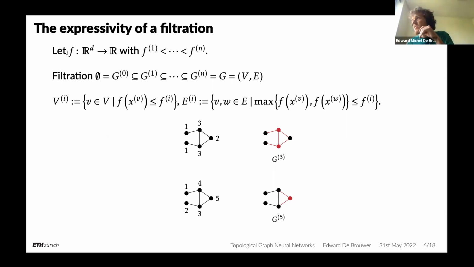Here you can have the same filtration value, the same image of the filtration function, for two different nodes in the graph. Here you have one on one, but that's just a technicality. For the gradient to be well defined, you always need slight differences in the image of the filtration function on the different nodes of your graph.